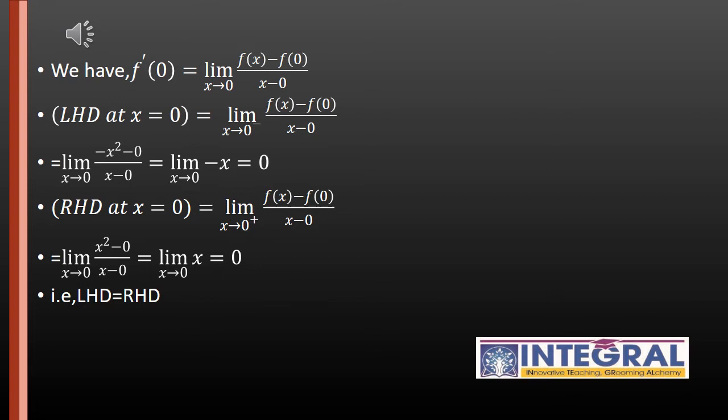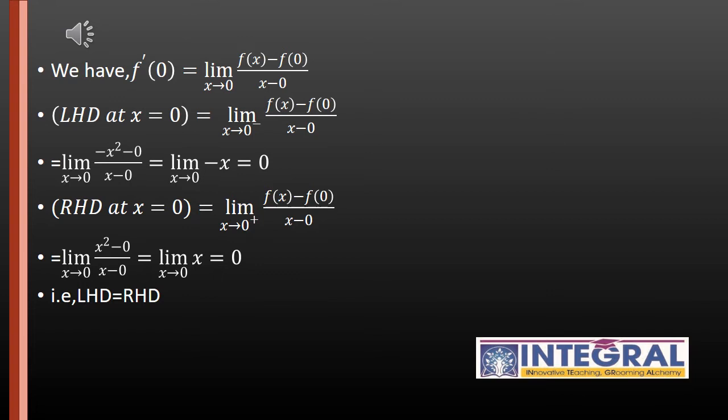The right hand derivative at x equals 0 equals limit x tending to 0 plus, as usual, of f of x minus f of 0 by x minus 0. Here, for positive numbers, we have defined f of x to be x square. So it is x square minus 0 by x minus 0.